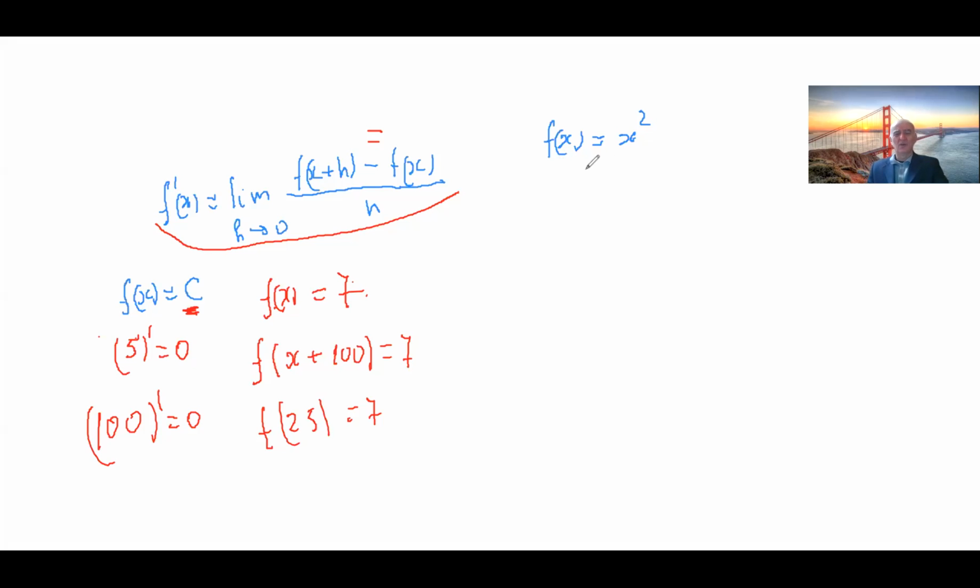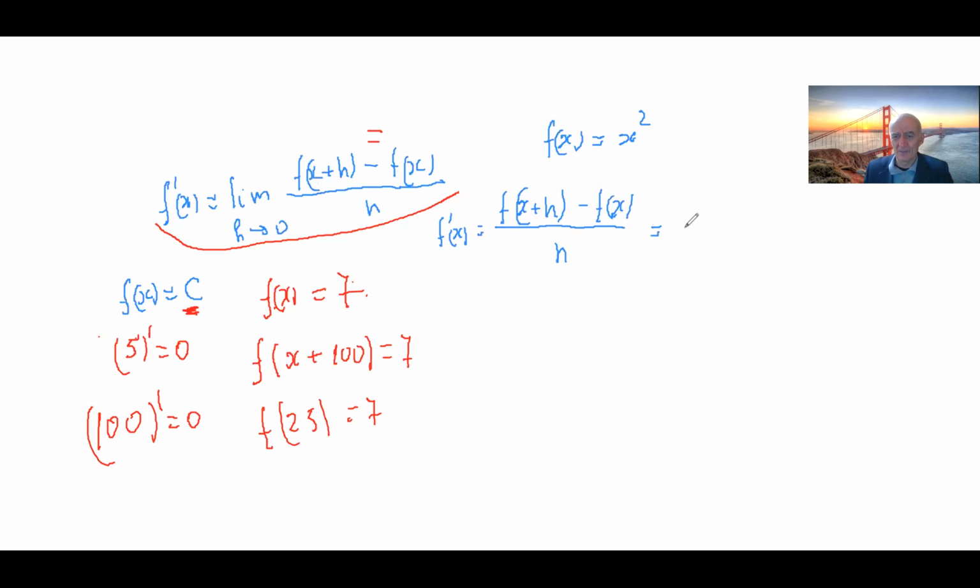So f(x) equals x squared, and yes, the derivative is really 2x. But now let's find this derivative by the definition. To find the derivative, we should use this definition, divided by h, and this is f prime of x.